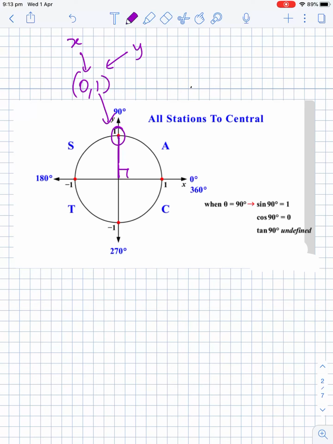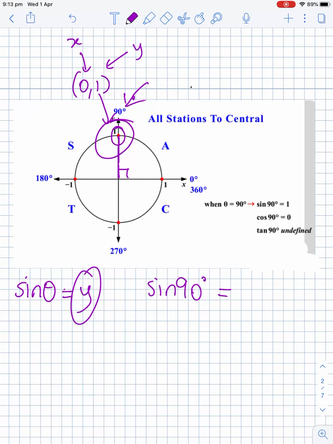So let's deal with sine first. So what would sine of 90 degrees be? You can do this without a calculator. And the way to do it is to think to yourself, well, sine of theta is equal to y. So for this point when it's 90 degrees, what's our y? Our y is 1.